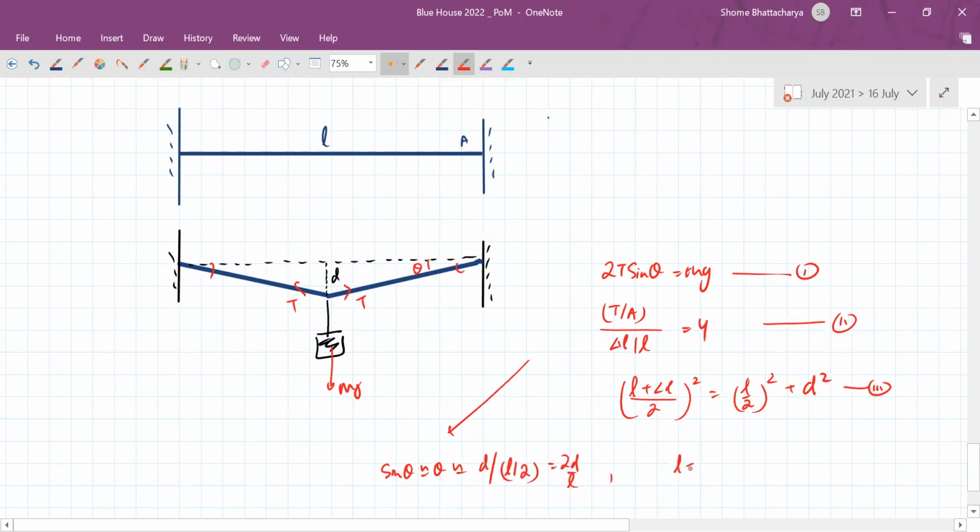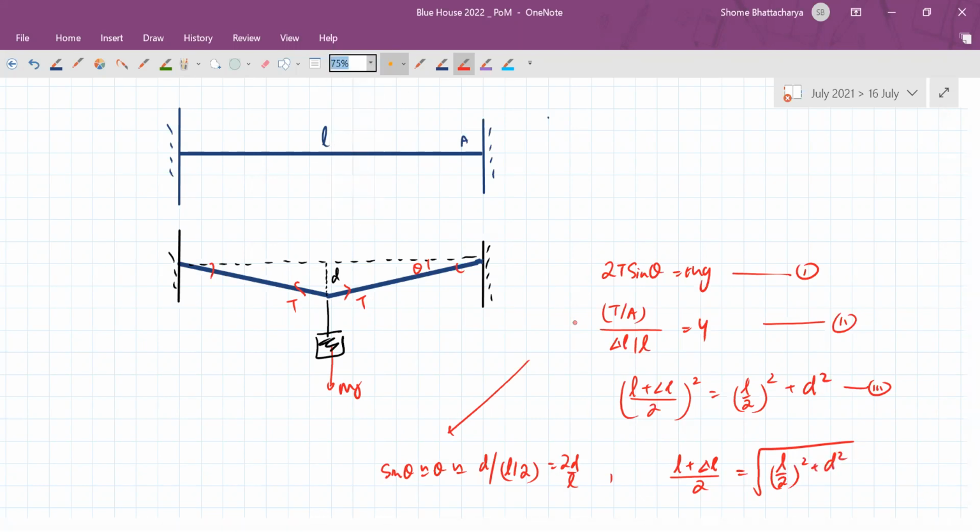And take L plus delta L by 2 as square root of (L by 2) whole square plus d square. Now use a binomial approximation here.